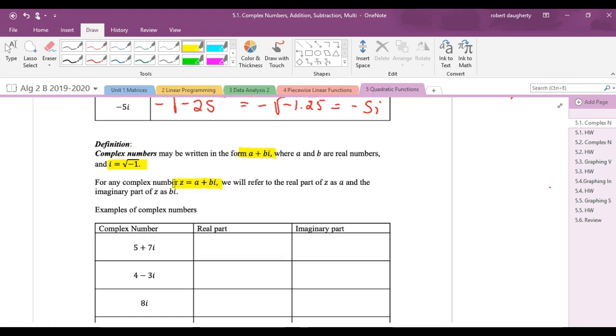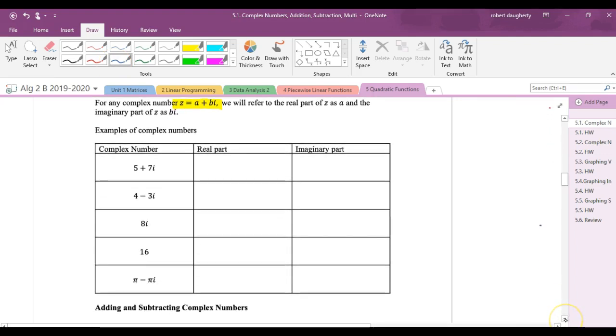So if I look at these examples of complex numbers, what is the real part of this complex number? 5. What's the imaginary part? 7i. Okay. Real part? 4. Imaginary part? -3i. What's the real part? 0. Okay, this is 0 plus 8i.